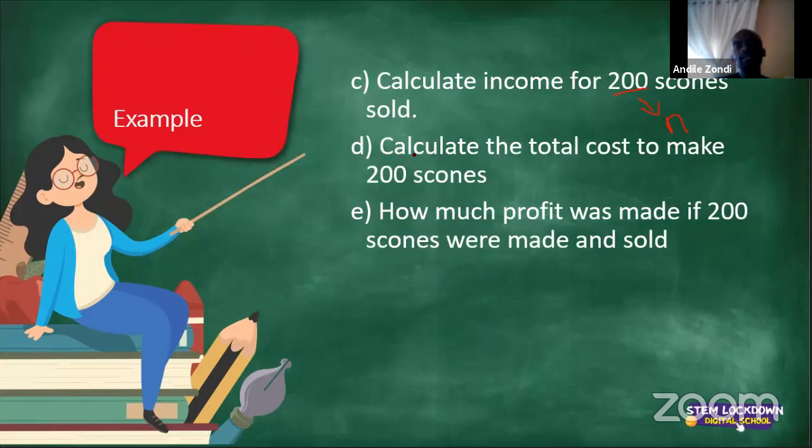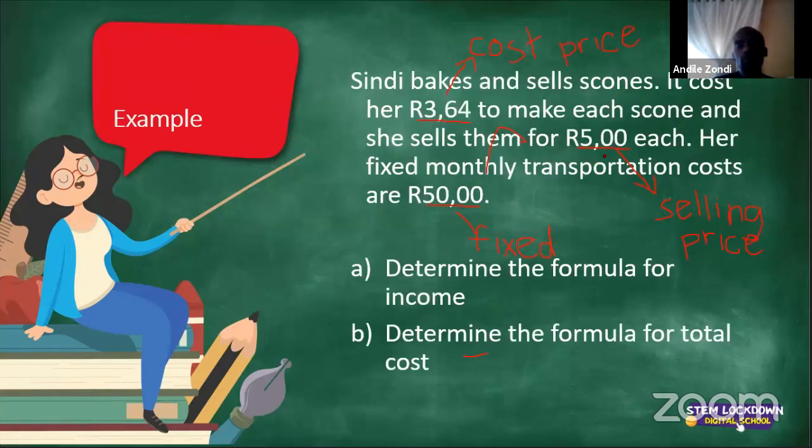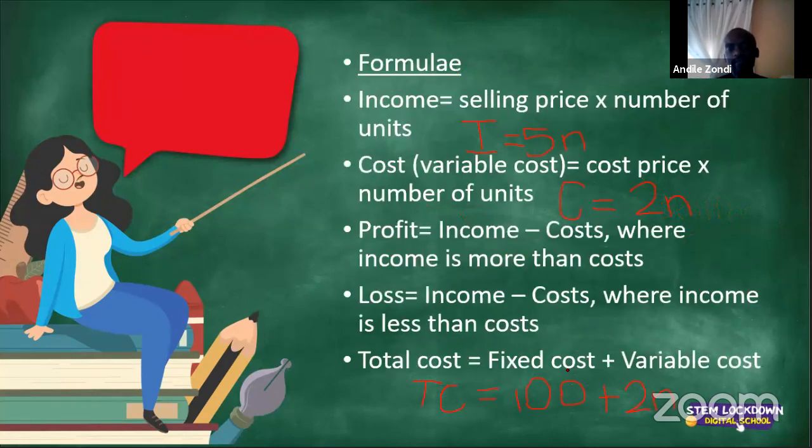Now let's look at D. This says calculate the total cost. The keyword is total. Total cost to make 200 scones. Remember, the formula for total cost is fixed cost plus variable cost. Variable cost is the cost price times number of items or number of units.